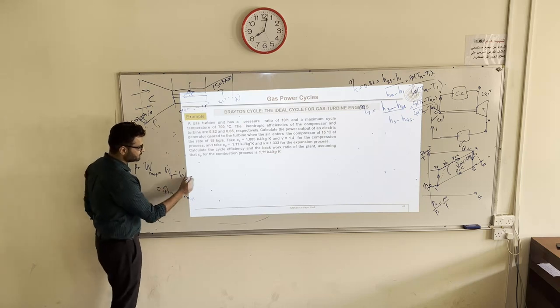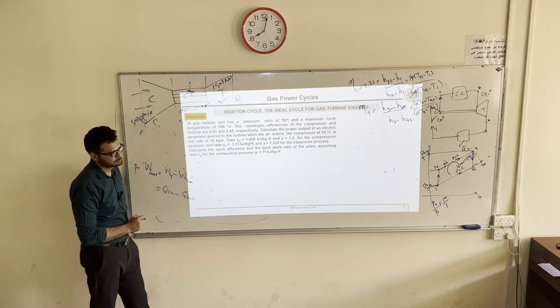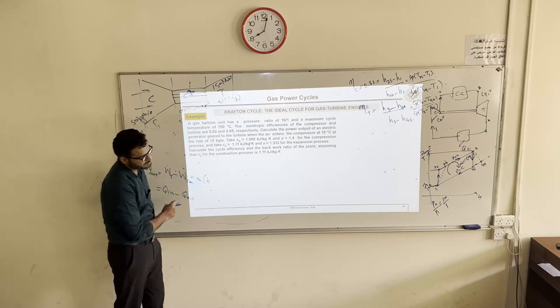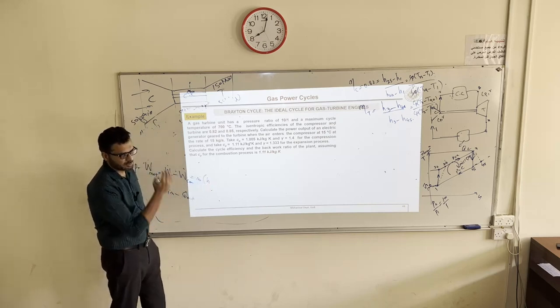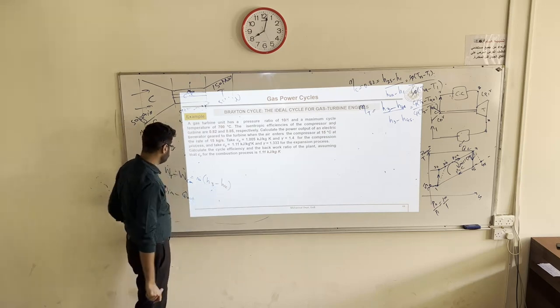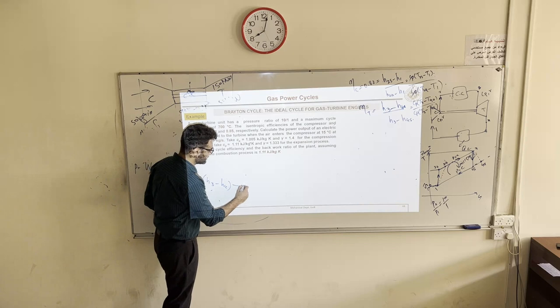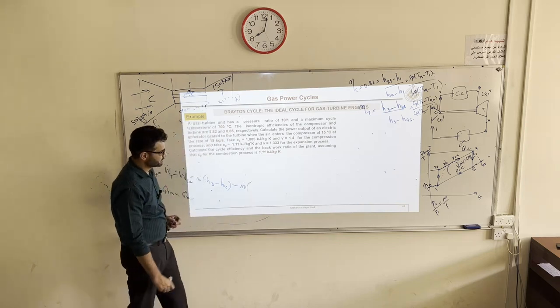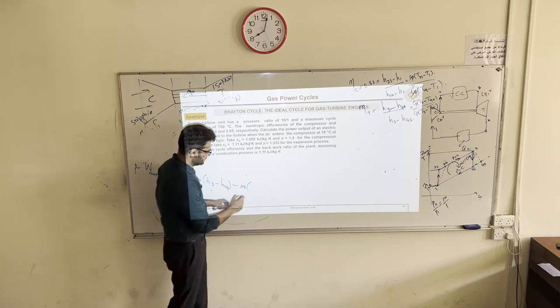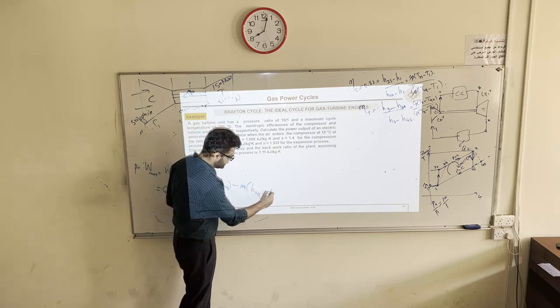What is work of turbine? H3 minus H4A, minus work of compressor, H2A minus H1.